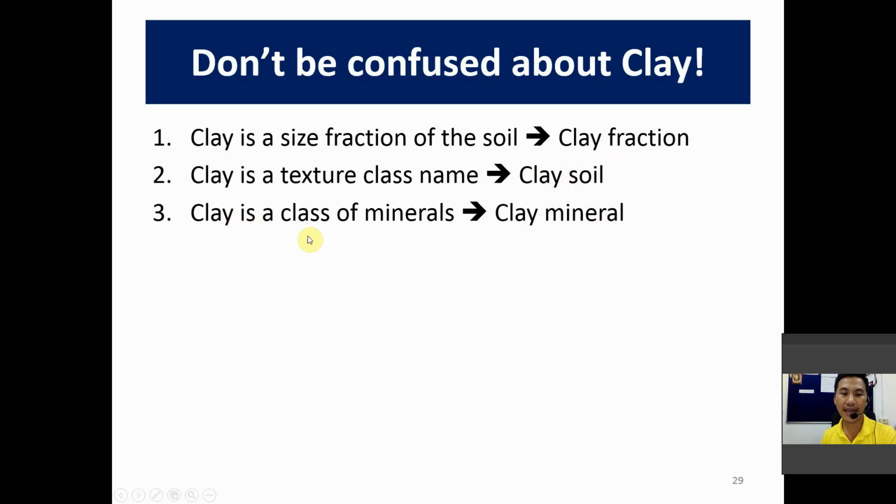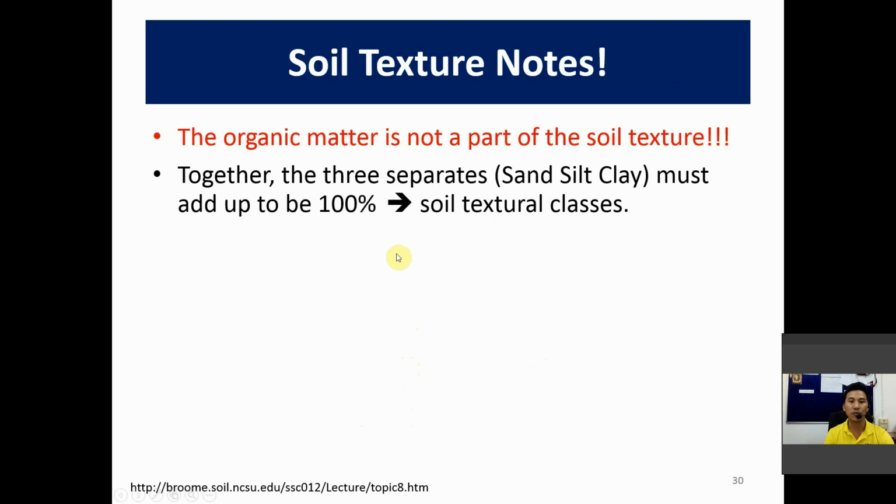And the last one, clay is a class of minerals, that is, solely clay minerals. So think about this: if you have a lot of clay minerals, it's probably because you have a clay texture, right? And you probably have a lot of clay size particles in the clay fraction as well. But keep them separate and understand that you can talk about clay with three different meanings. So be careful. Again, the soil texture.